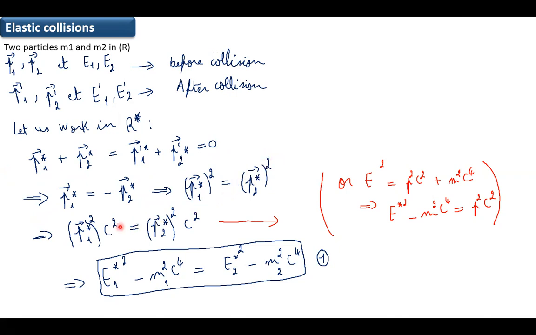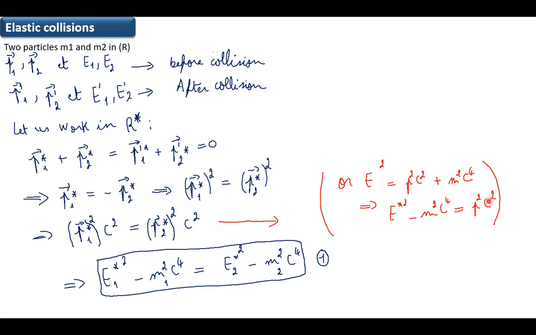Then if you multiply by C squared, P1 star squared C squared is equal to P2 star squared C squared. And if you remember from last time, we found that E squared is equal to P squared C squared plus M squared C to the power 4, which is also applicable to quantities in R star.